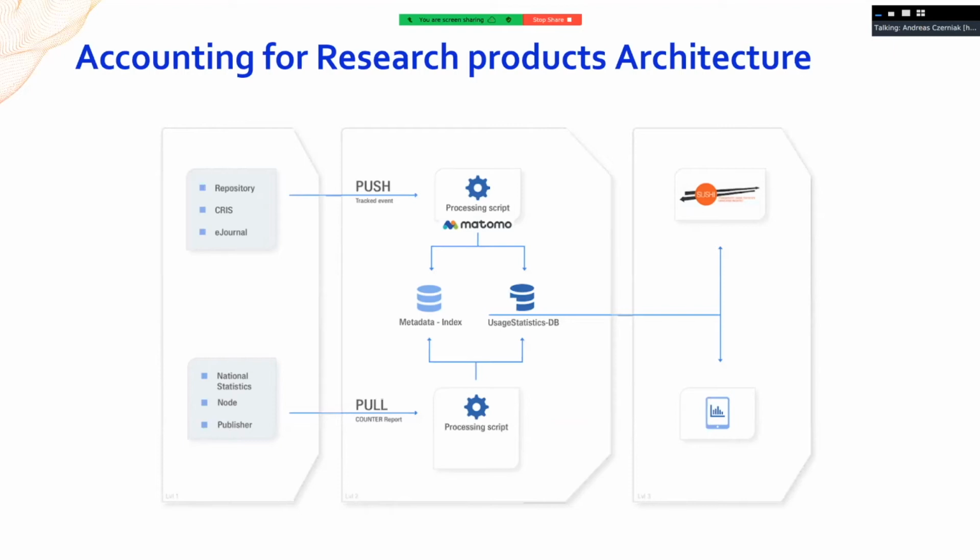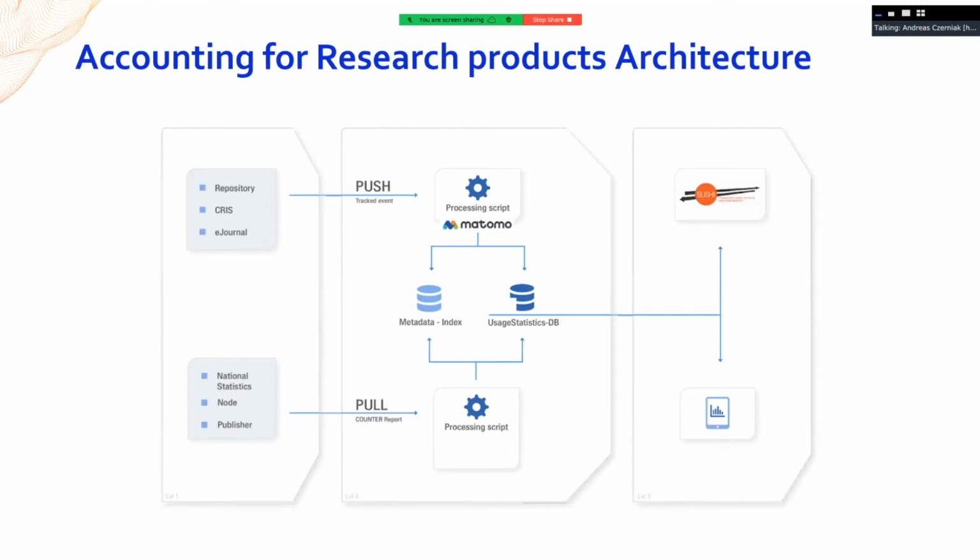This is horizontally scalable. And after we receive these push events, we have some process chains here to deduplicate events, because of duplicated events from some repositories, and make it available in our user statistic database.